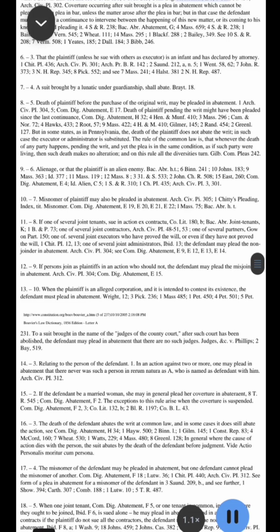Abatement, E6, 1 Chit. Pl. 437, Arch. Civ. Pl. 302. Coverture occurring after suit brought is a plea in abatement which cannot be pleaded after a plea in bar, unless the matter arose after the plea in bar, but in that case the defendant must not suffer a continuance to intervene between the happening of this new matter, or its coming to his knowledge, and pleading it.